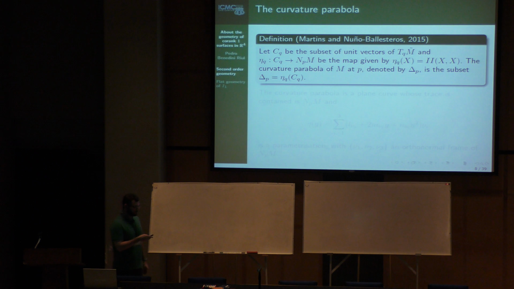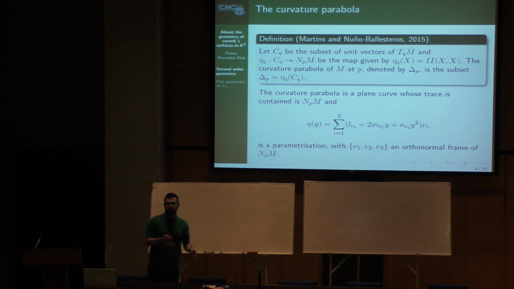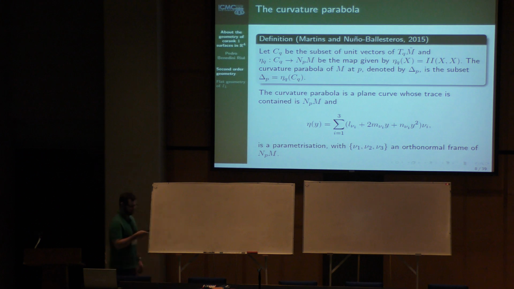So the curvature parabola is a plane curve that can be parametrized in this way by eta using an orthonormal frame, and I must say that the curvature parabola may degenerate into a half line, a line, or even a point.